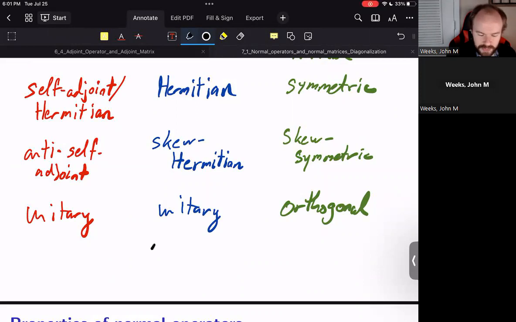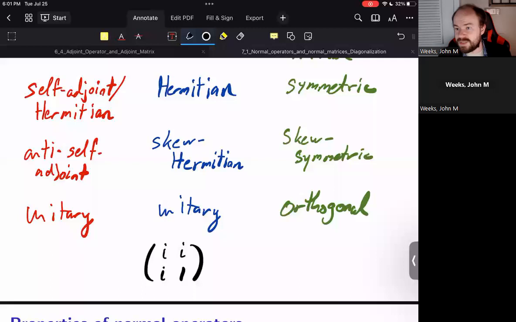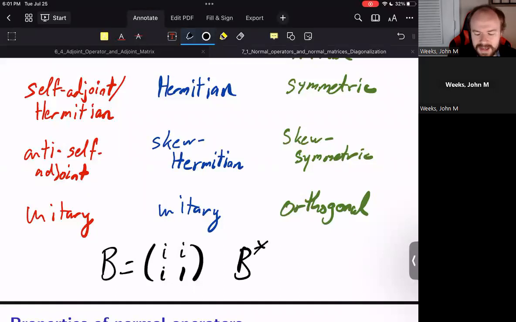For example, if I wrote the matrix [[i, 1], [i, 1]], I could ask the question, is this a normal matrix? Remember that if this is, say, a matrix B, then B star would be [[-i, -i], [-i, 1]].